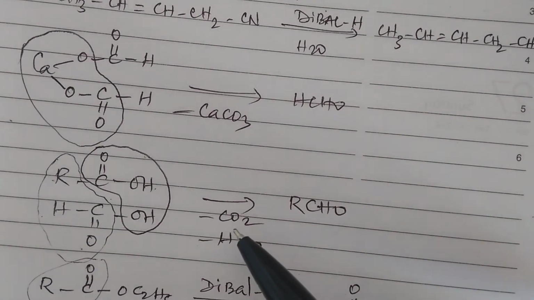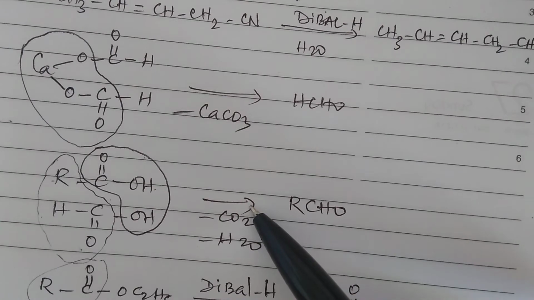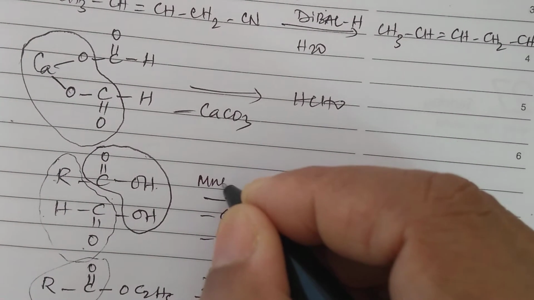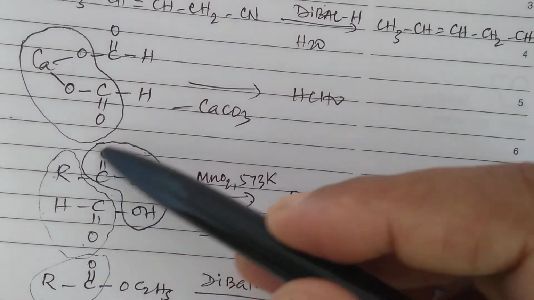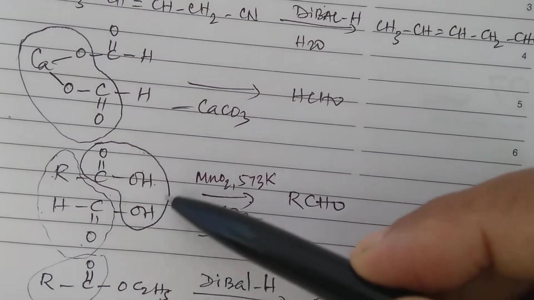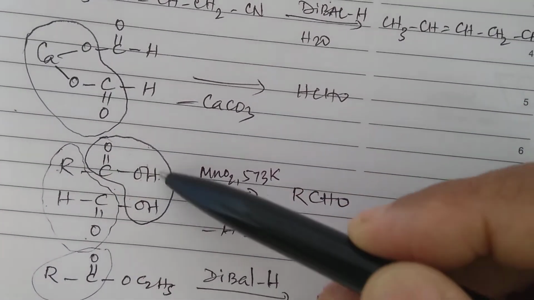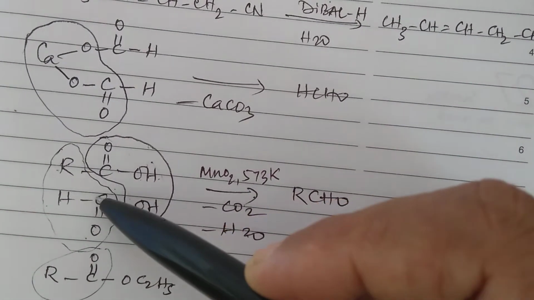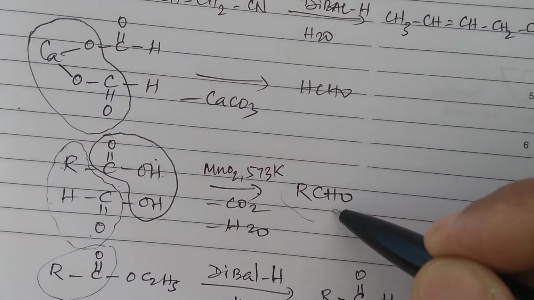Now when you subject it to catalytic decomposition, that is in the presence of manganese dioxide at around 573 Kelvin, what happens is CO2 and H2O, put together, get removed, and what is left behind is RCHO. Okay, so you can get aldehyde, right?